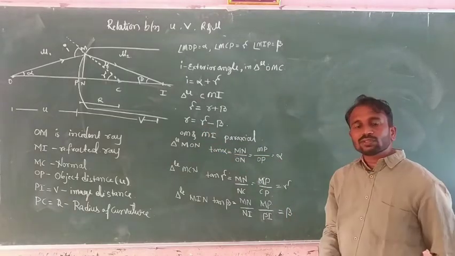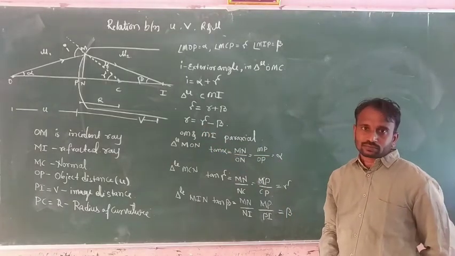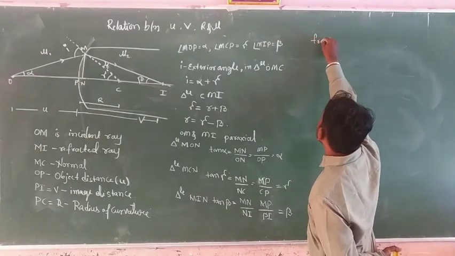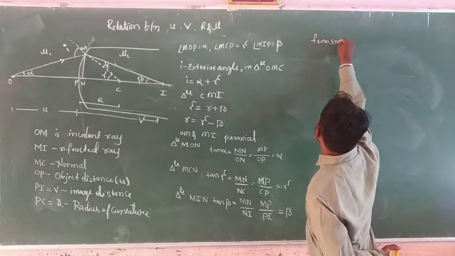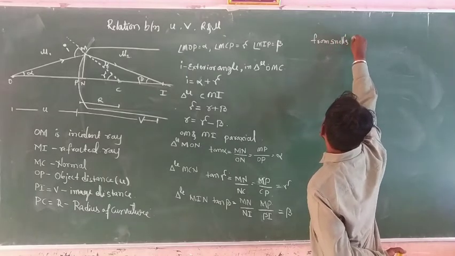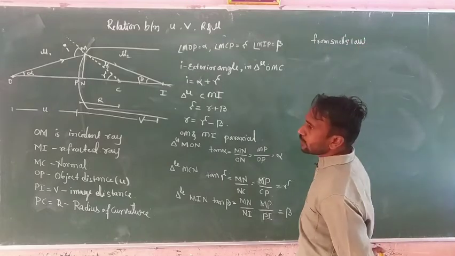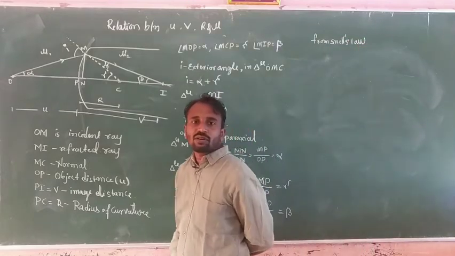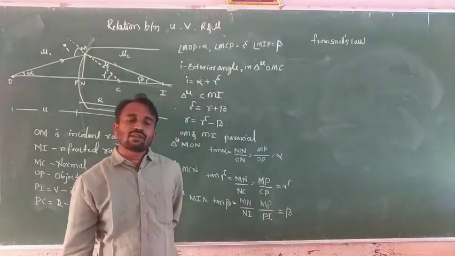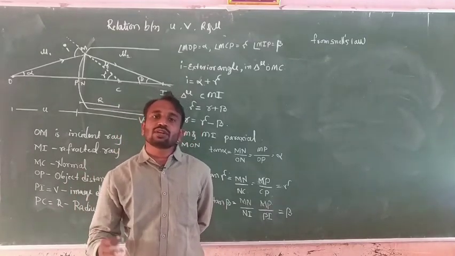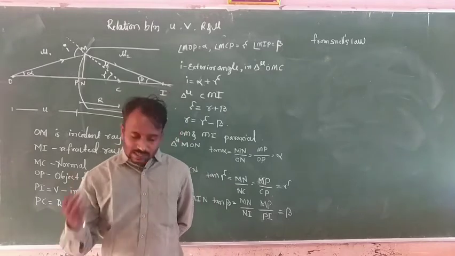You already know Snell's law. From Snell's law, the ratio of the sine of the angle of incidence to the sine of the angle of refraction for a given pair of media is always constant.